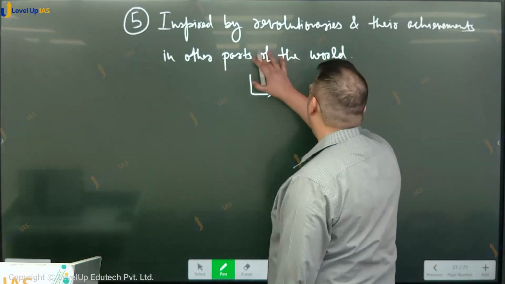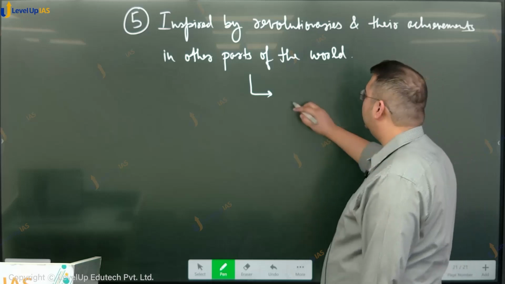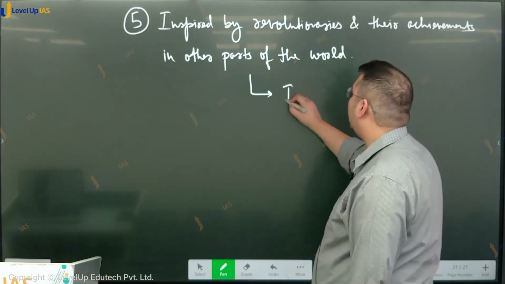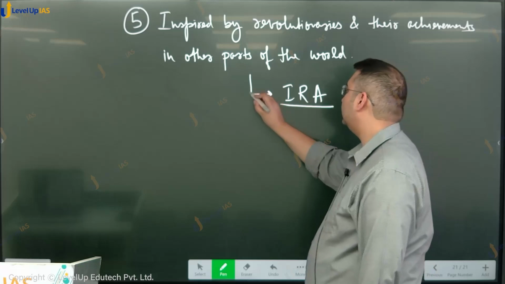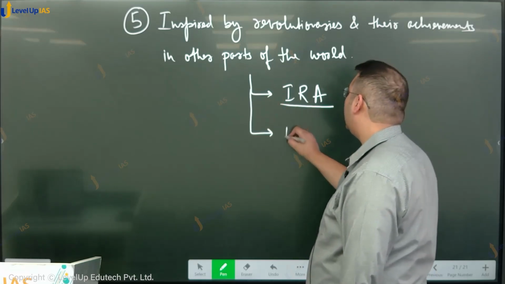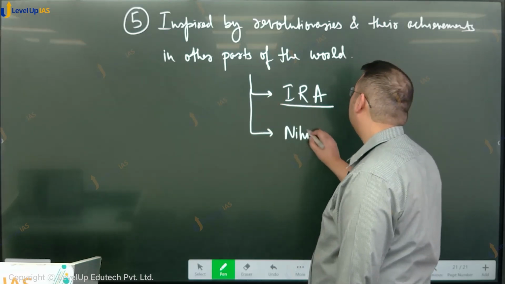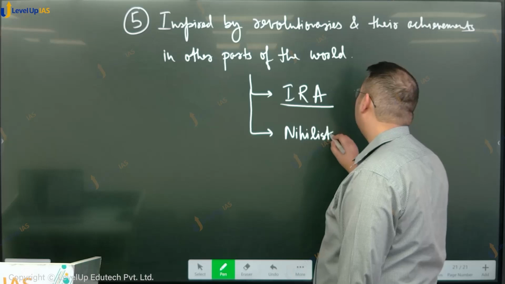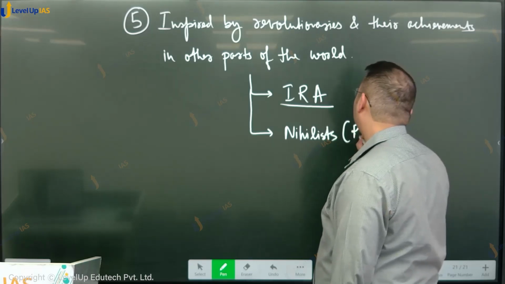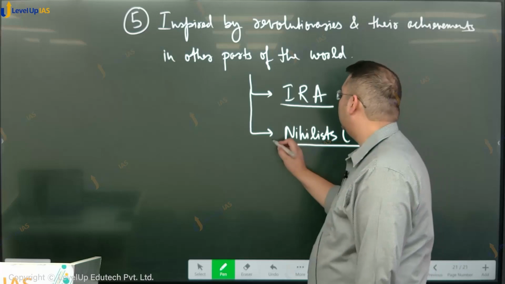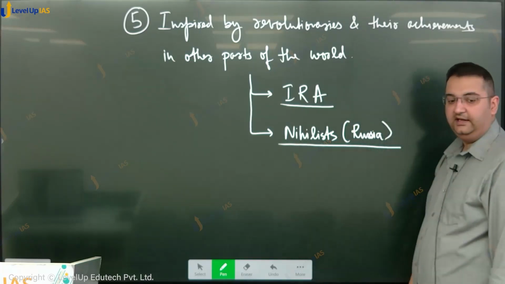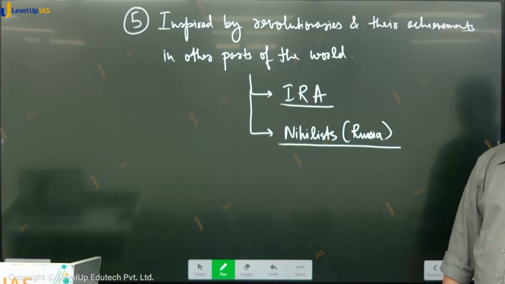These include other revolutionaries around the world, including the Irish Republican Army, which was operating in Ireland, and the nihilists of Russia, which had succeeded in completely destabilizing the Tsarist regime of Russia.